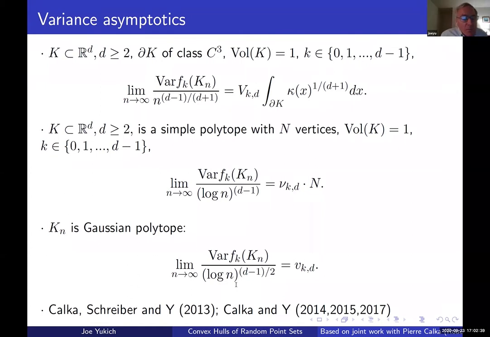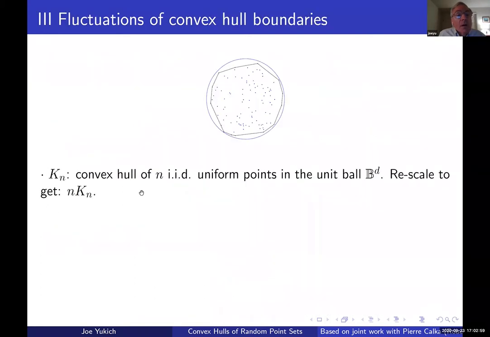These are results collected with and proved with Thomas Schreiber and Pierre Calka in the last several years. I will, in the second part of the talk, give some ideas how to prove these results.